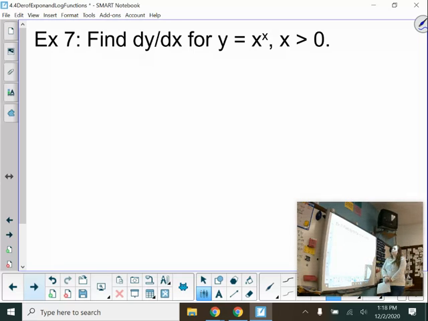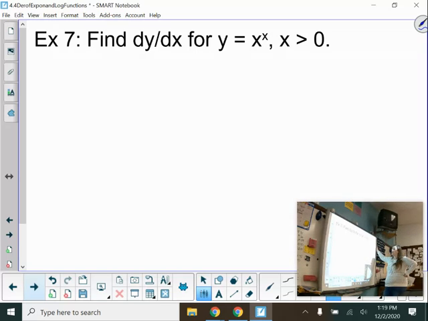Okay, now we're looking at an interesting question. These ones used to appear on AP exams quite frequently, but I haven't actually seen one for a while. However, I want to make sure you guys know how to deal with this. You can't take the derivative of this question as is because of the x to the x, because it's not a power rule, it's not an exponential, because you have variables in both parts of that.